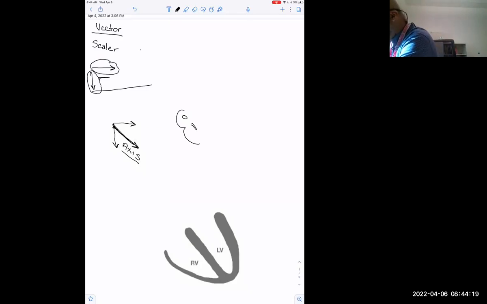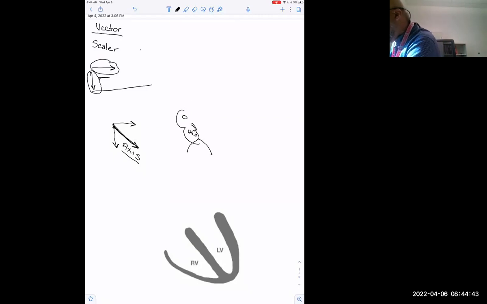And then once that electrical impulse gets held up for a second, it propagates into the bundle of His, and then into the left and right bundle branches.